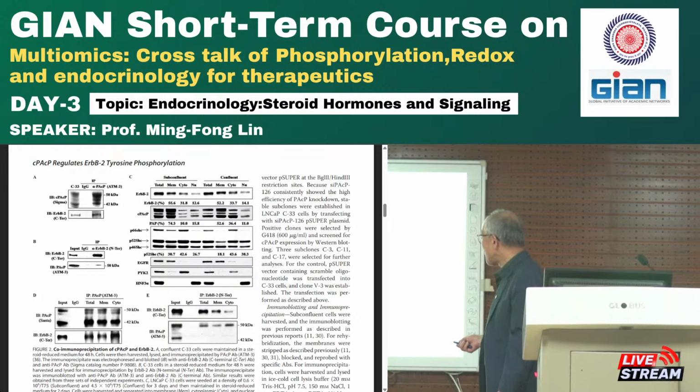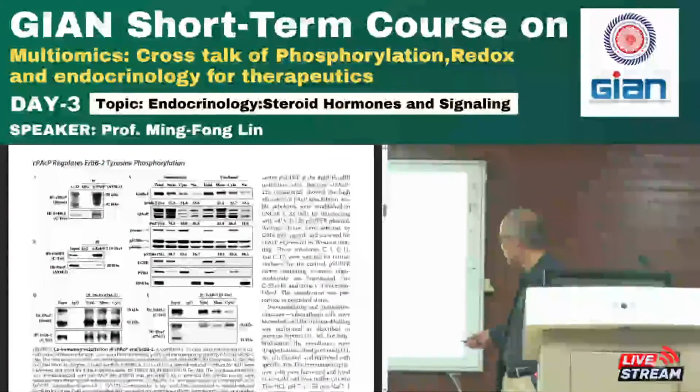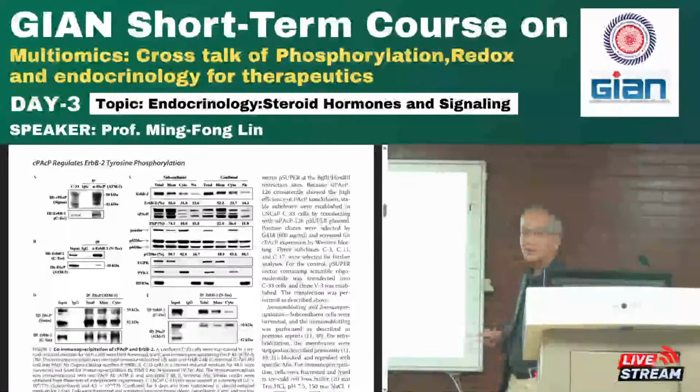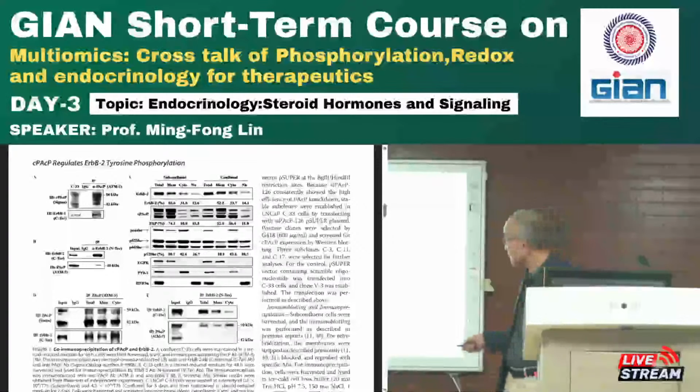And the PAP that interacts with ERB2 can be in the membrane fraction, mainly in the cytosol, and only the mature form. PAP has an immature form of 42 kilodalton. Only the mature form can interact, can co-IP. So this can serve as a control.